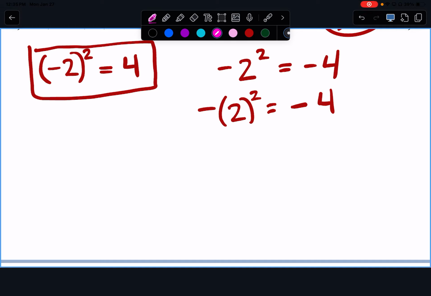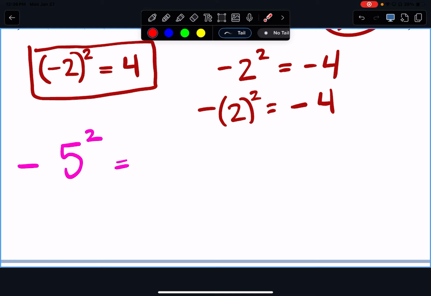One thing that I always do is if I have a problem and it's written like this, automatically I look at it and go, oh, okay, this negative isn't included in that. So because that negative's not included, I'm just going to put it there. Okay. And then 5 squared is what? 25. When I see that there's a negative not included, I go ahead and write that negative out.